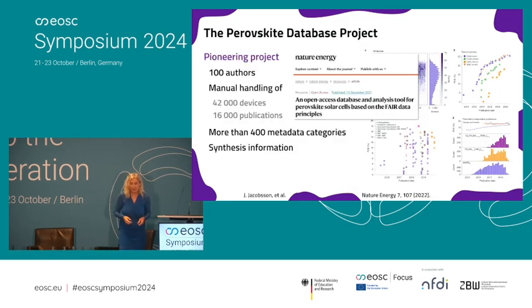There was a very interesting pioneering project where 100 people got together, reading 16,000 publications about 42,000 solar cells. They put everything into one paper, and this was published in Nature Energy in 2022. So this was really a heroic act, but it's difficult to update. Which of the new students will do the same work for everything that comes afterwards?